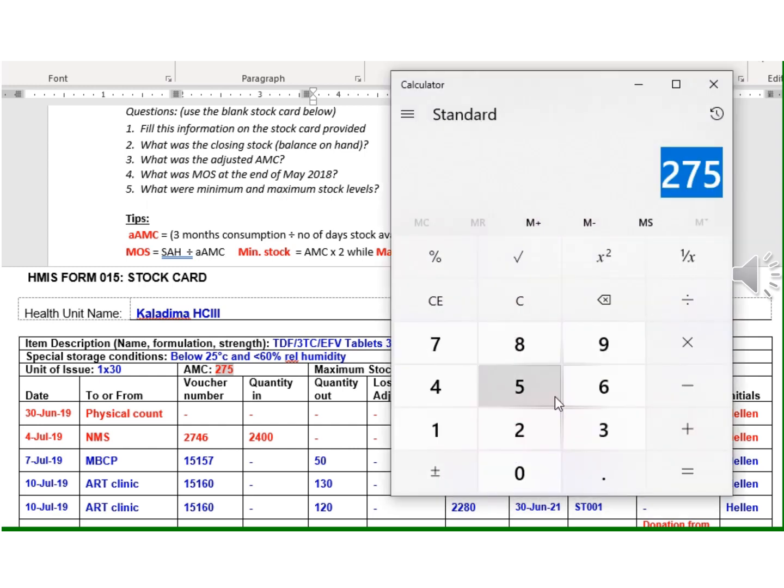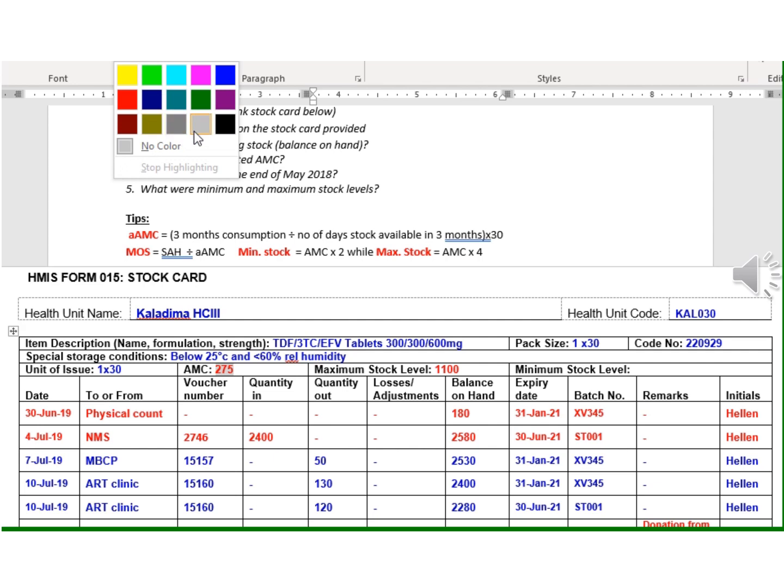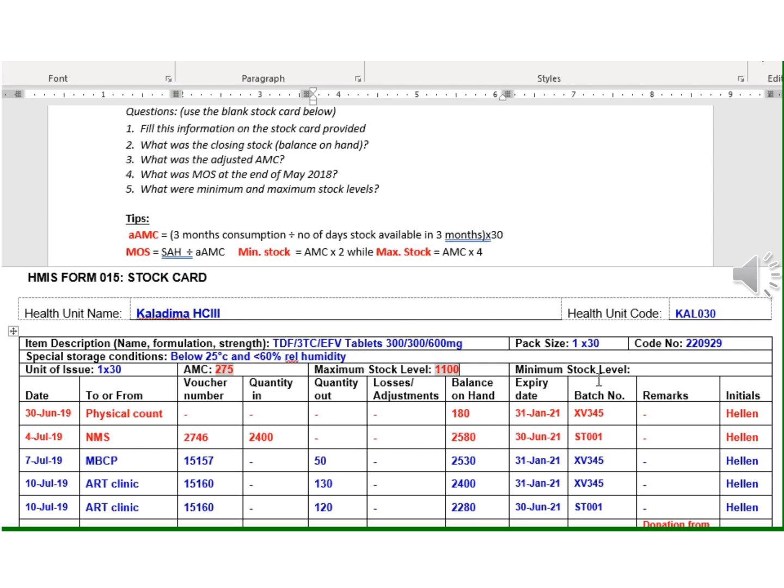So if I multiply it by 4, what would be my maximum stock level? It would be 1,100. That is my maximum stock level, and it is in pencil because it will change as the average monthly consumption changes.